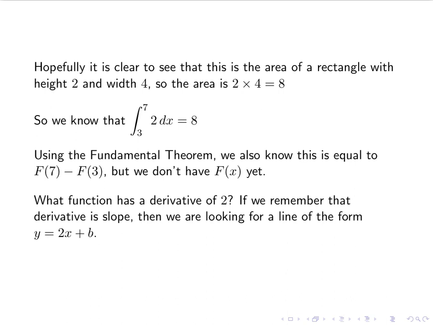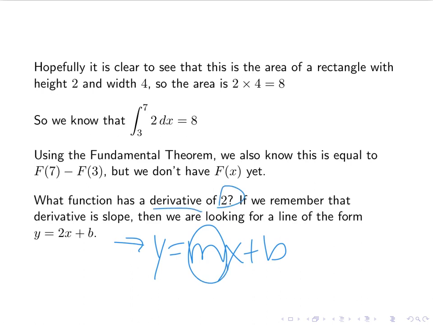Since it's a constant, I know that the function should be a line. And the line has to have the form y equals 2x plus b, coming from y equals mx plus b, everyone's favorite slope-intercept form of a line. The slope is the derivative, which is 2. So we get y equals 2x plus b.